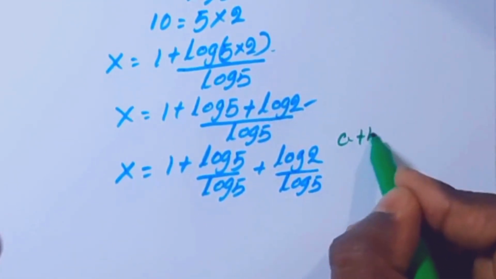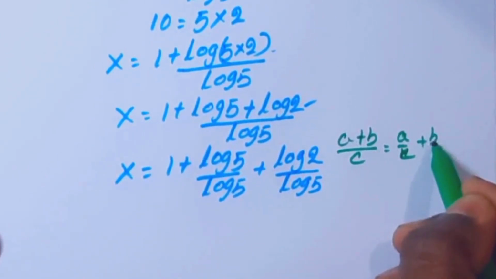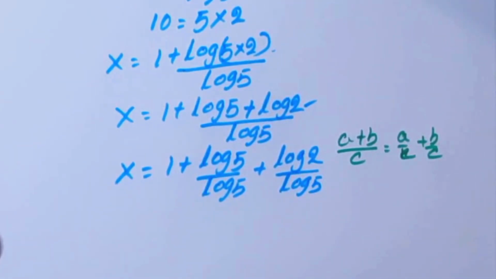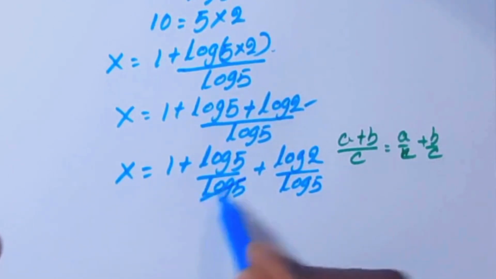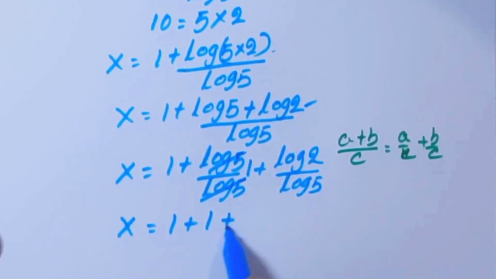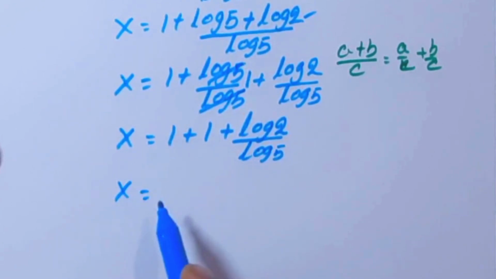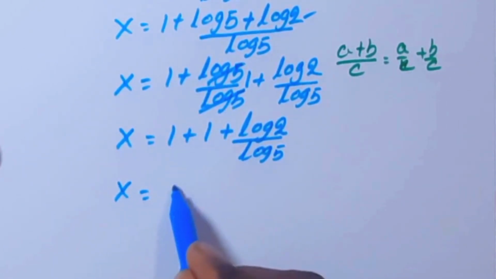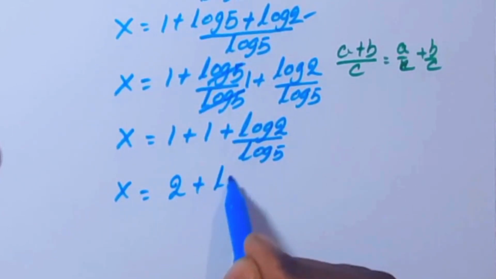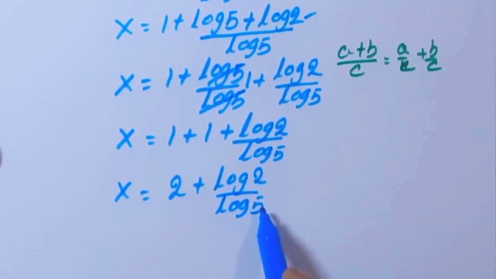(a plus b) by c equal to a by c plus b by c. So this log 5 cancels this. So here 1. So x equal to 1 plus 1 plus log 2 by log 5. Now x equal to, 1 plus 1 is 2, plus log 2 by log 5 here.